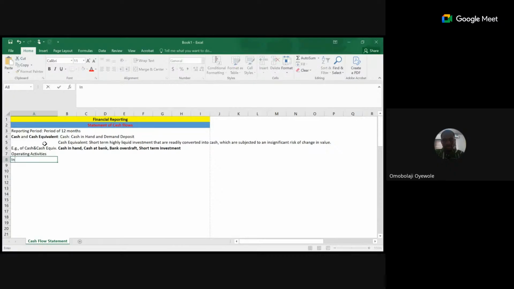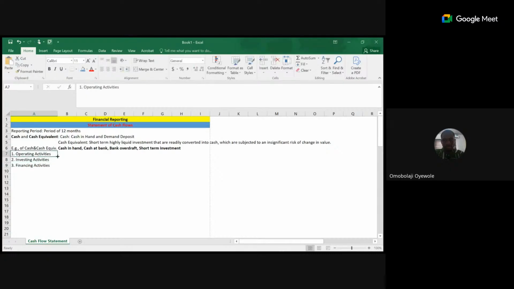Number 2 is investing activities. And number 3 is financing activities. So these are the 3 activities into which the statement is divided: the operating, the financing, and the what? Investing.